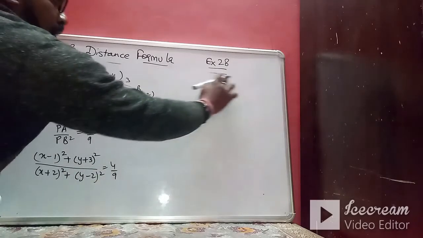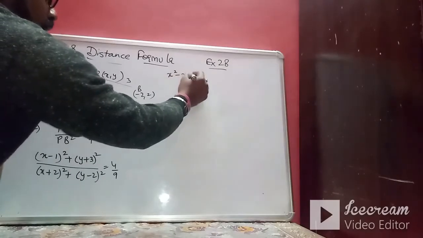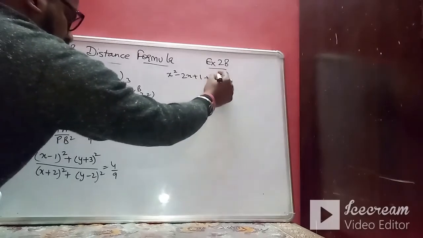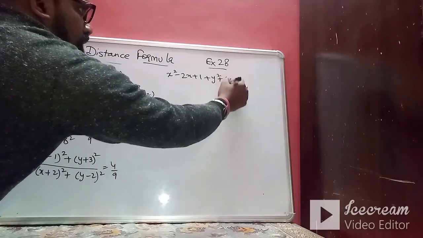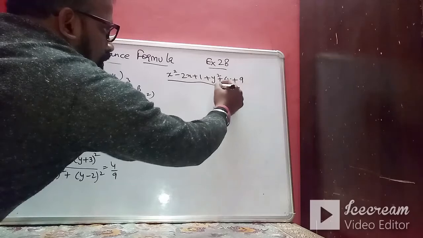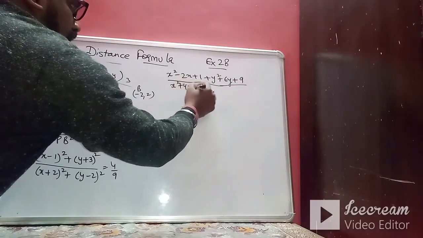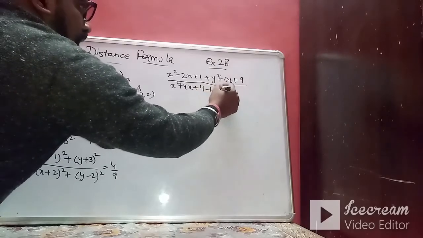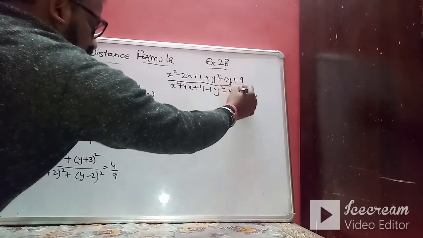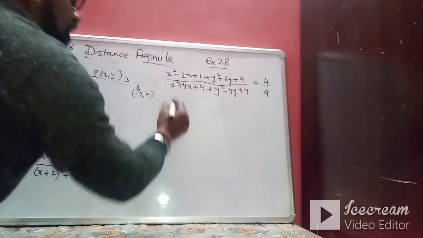When we solve it, we will get x square minus 2x plus 1 plus y square plus 6y plus 9, upon x square plus 4x plus 4 plus y square minus 4y plus 4, equal to 4 upon 9.